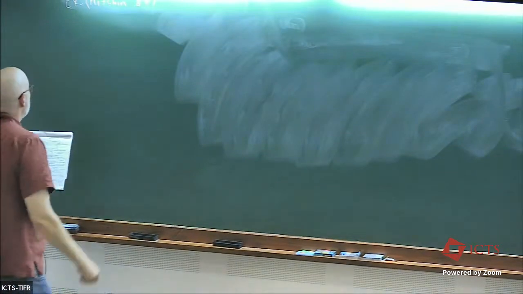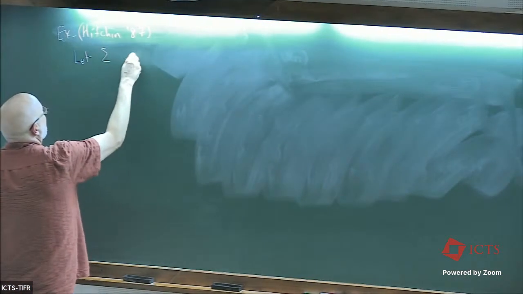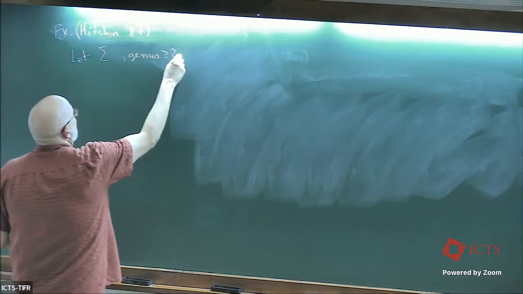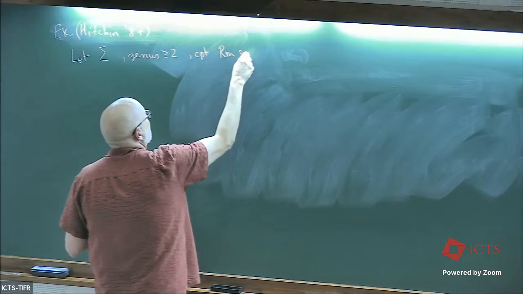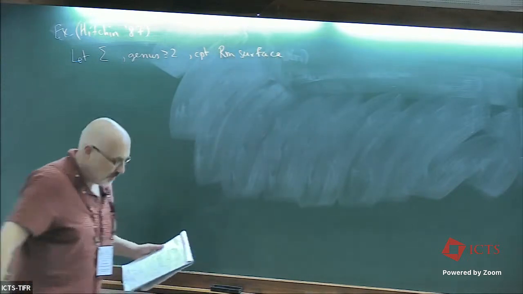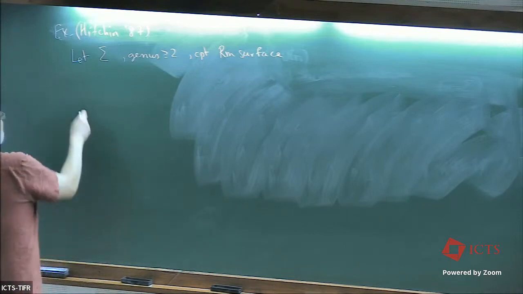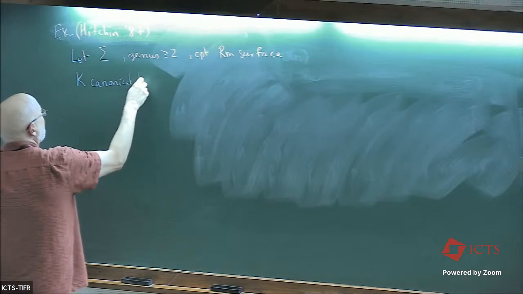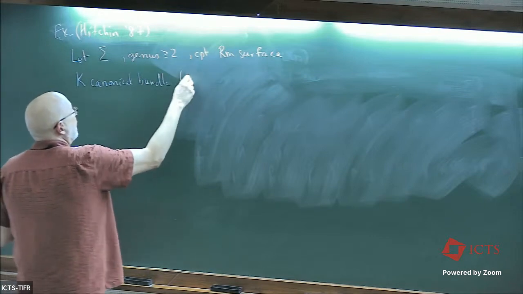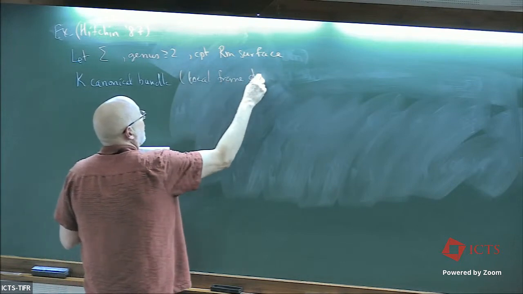Okay. So let sigma be a compact Riemann surface of genus greater than or equal to 2. This is going to be the standard assumption for sigma. And K is going to be the canonical bundle. So we're going to have a local frame of just dz.